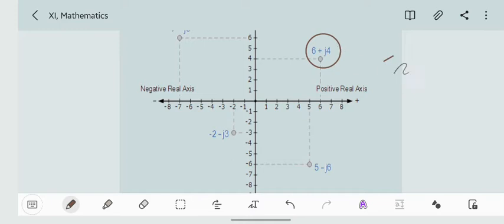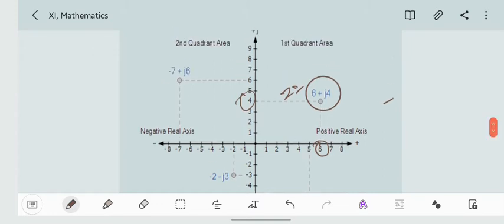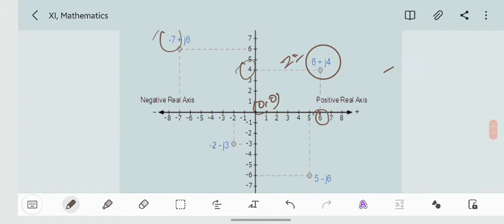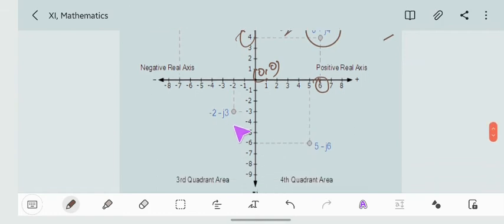So 6 is the real part, at the position of 6 perpendicular on the x-axis, and 4 is the imaginary part on the y-axis. So 6 plus J4 is the value of z, the complex number. Similarly here, minus 7 plus J6, where minus 7 is the real part towards the left of the origin, and below it is minus 2 minus J3.